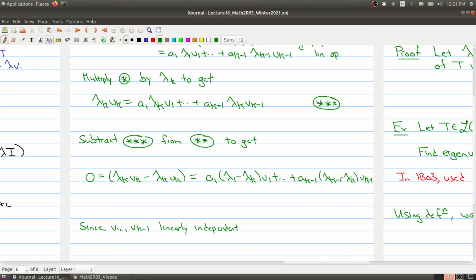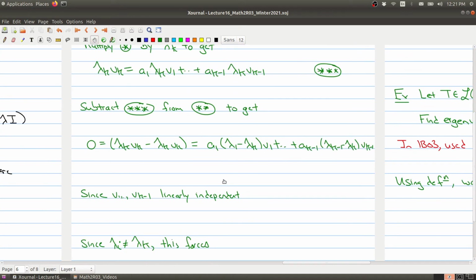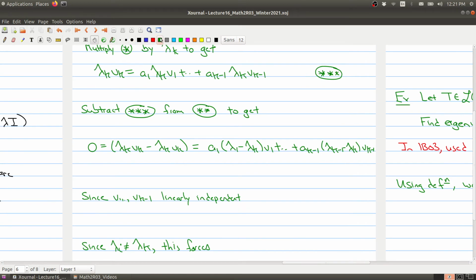And notice that here we have 0 written as a linear combination of v1 to v(k-1). But we also know that v1 through v(k-1) are linearly independent. That's how we pick the index k. So that means that all of these coefficients have to be 0 because they're linearly independent.